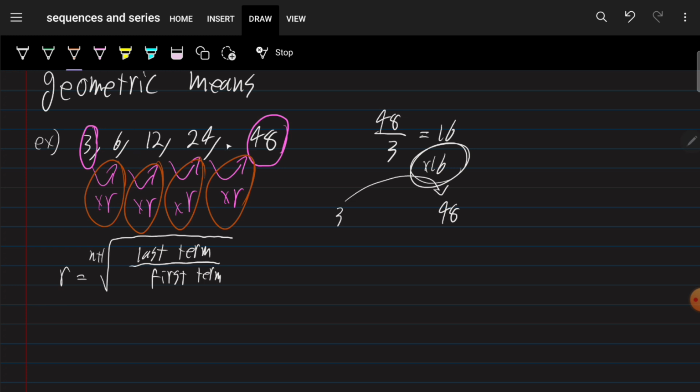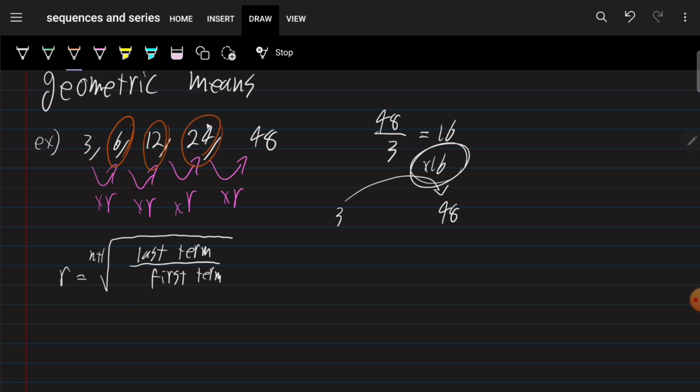If we want to find 3 geometric means between 3 and 48, we are trying to find numbers so that when you multiply 3 by r, you get one of the numbers. When you multiply 6 by r, you get the next number. When you multiply 12 by r, you get the next, and when you multiply 24 by r, you get the last number.